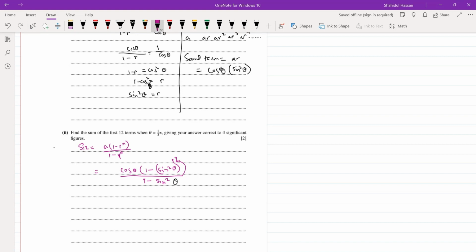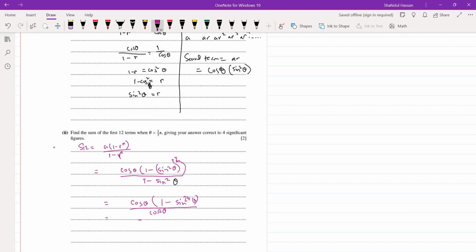So for the sum of any number of terms, we are going to use this formula: a(1 minus r to the power n), where r is sine square theta. So 1 minus sine square theta to the power 12, and below it is just 1 minus sine square theta. In the next line, I have cos theta times 1 minus sine to the power 24 theta, and in the denominator we have cos square theta.